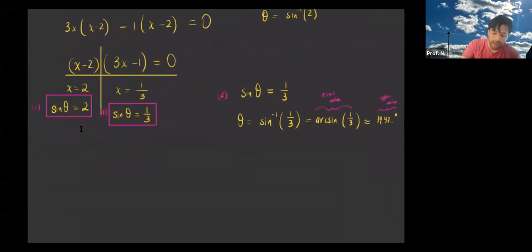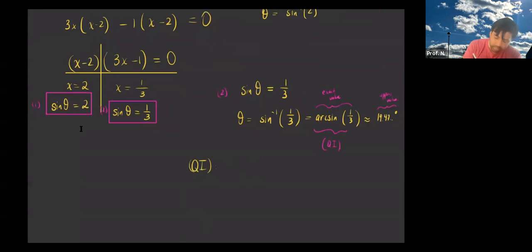Because this is positive, this angle theta is in quadrant 1. So if I'm in quadrant 1, my theta would be arcsine of 1/3, which is 19.47 degrees, plus 2 pi n. That's going to be all my angles in quadrant 1 that make this work.